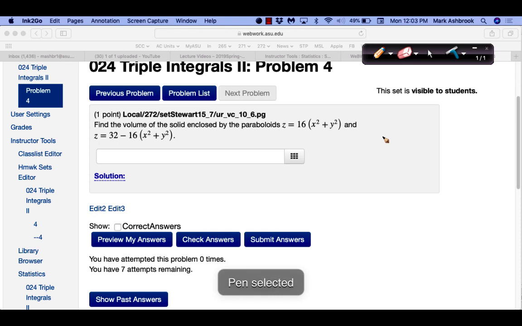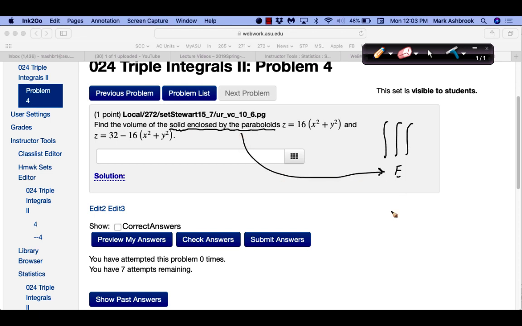So these are geometry problems. We're just going to figure out what that solid E is. And then it's all about the limits, so we're going to integrate what? So this solid enclosed by the paraboloids, that's our E. And then what will we integrate? What function? 1, right?